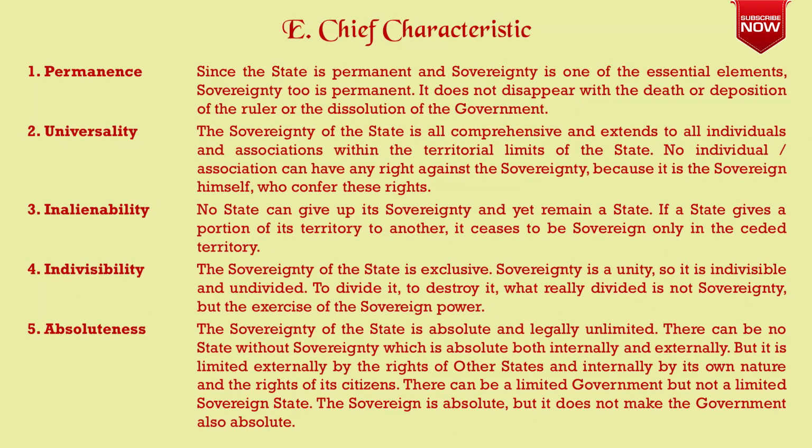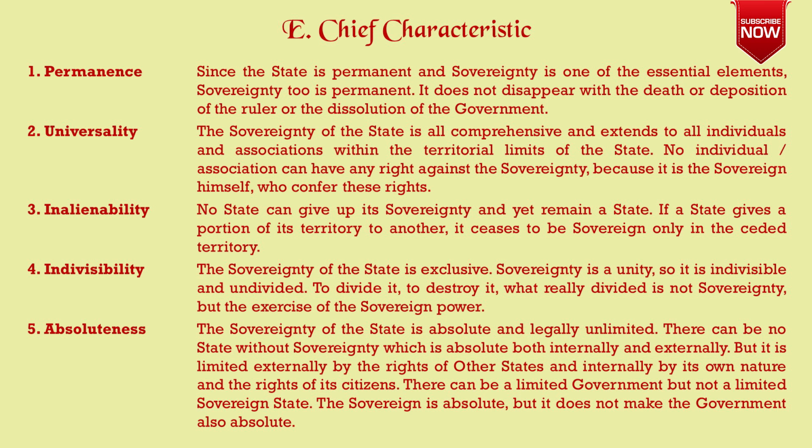Chief characteristics of sovereignty. Number 1, permanence. Since the state is permanent and sovereignty is one of the essential elements, sovereignty too is permanent. It does not disappear with the death or deposition of the ruler or the dissolution of the government.